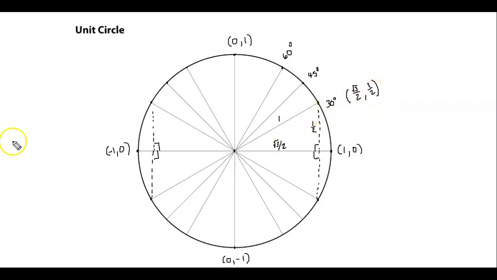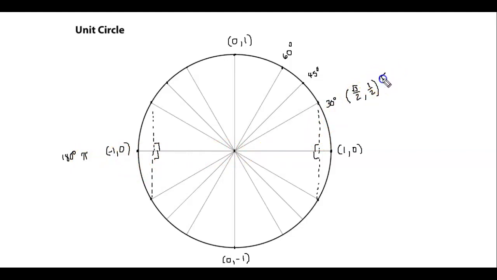We also want to keep in mind that not everything's going to be in degrees. We also have radians. We know that half of the circle is pi radians, or 180 degrees. If I'm doing 30 degrees, then I'm breaking this half of the circle up into 6 equal pieces, so we're counting by 1/6.